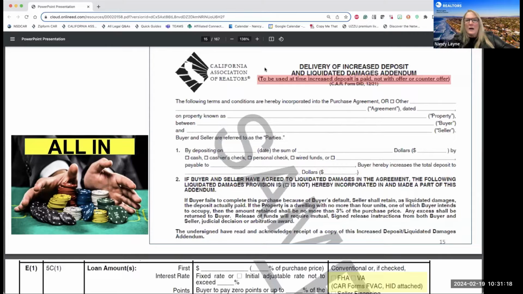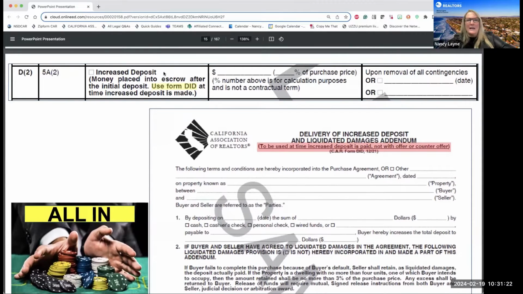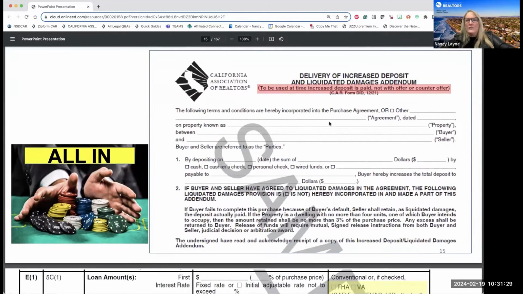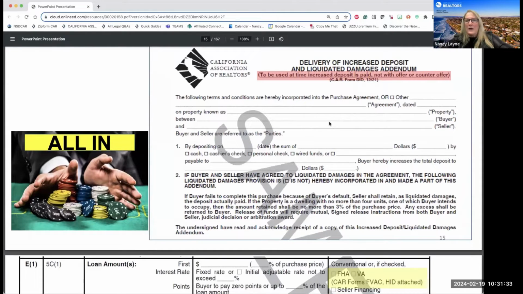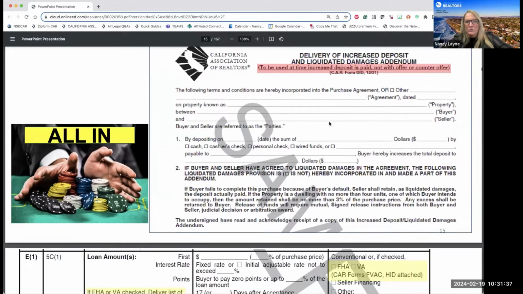If this form is not used, that second deposit, that increased deposit, is not included in that quote unquote liquidated damages amount. So again, if that's important to your client and you want to make sure that that second amount is included in that increased deposit, then you would want to make sure that you utilize this form.